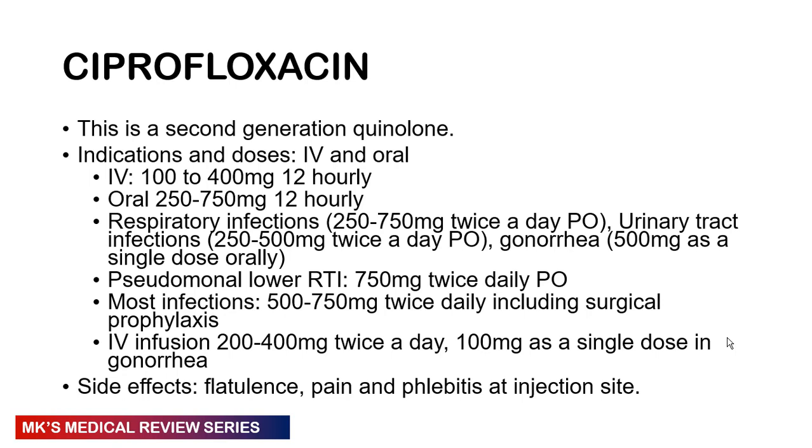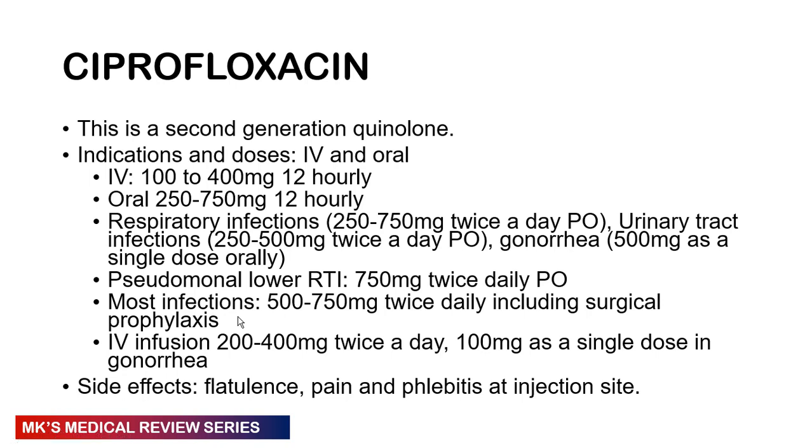It can be used in respiratory tract infections, 250 to 750 twice a day orally, or urinary tract infections, 250 to 500 twice a day orally, or gonorrhea, 500 milligrams as a single dose orally. In Pseudomonas lower respiratory tract infections, we can give 750 milligrams twice a day orally, and most infections would require 500 to 750 twice a day.